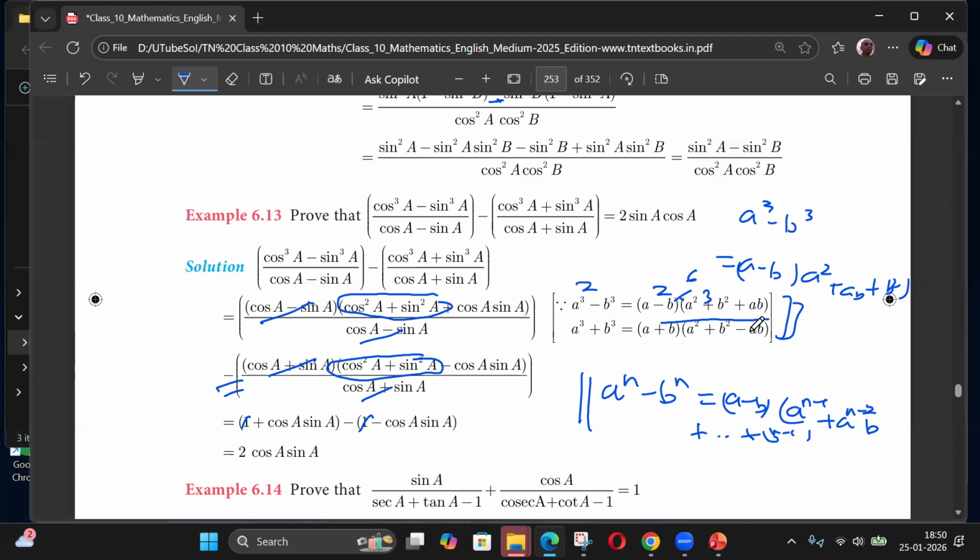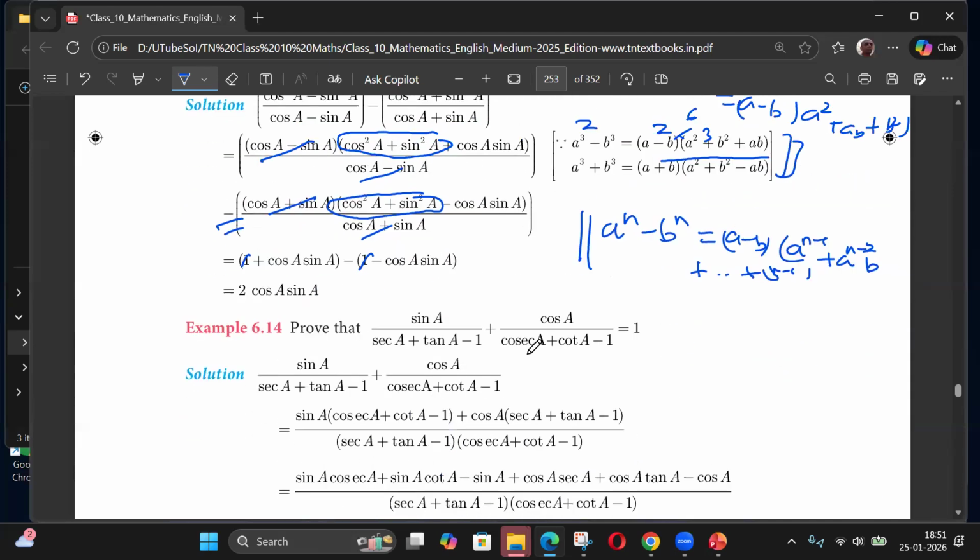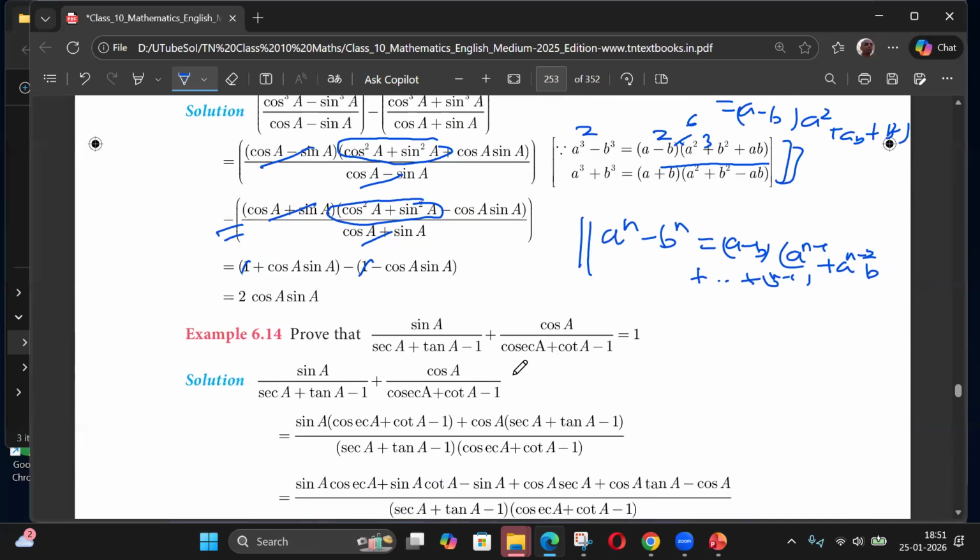After second degree, sine square cos is easy to simplify. And then there is no ab. So this one, sine by cos, 1 by cos. So you can write this as sine by 1 by sine.